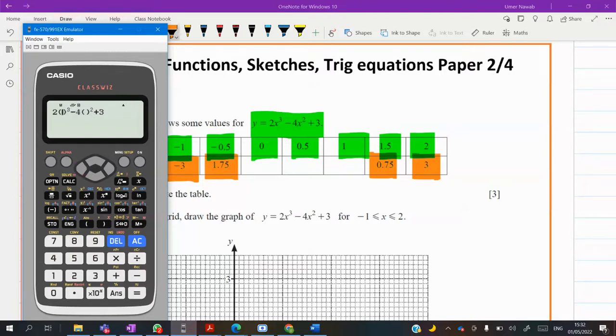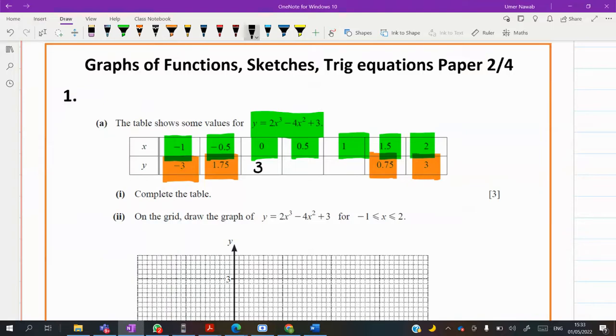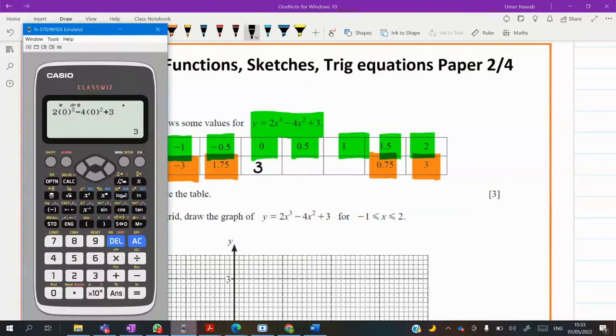The first value of x is 0. You write 0 in this bracket and 0 in the other bracket and get your answer, which is 3. So I'm going to write here 3. The next value of x is 0.5. So I'm going to change the 0 to 0.5 in the brackets.